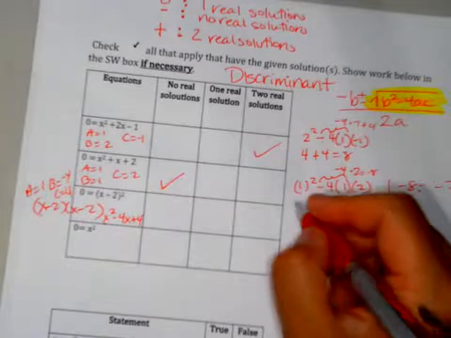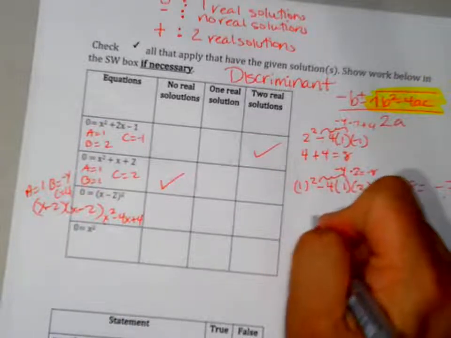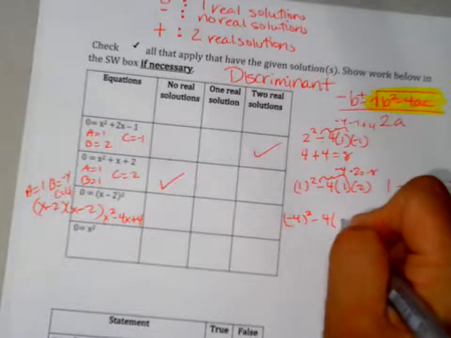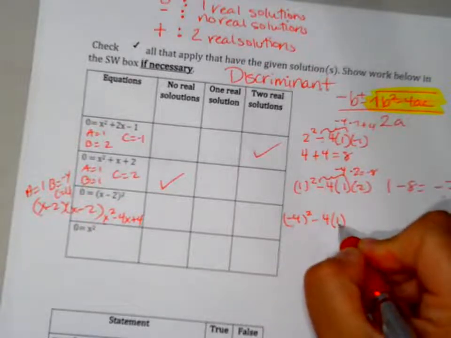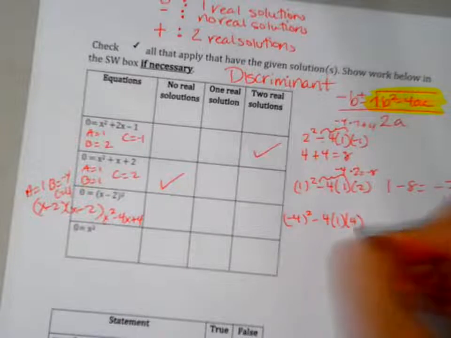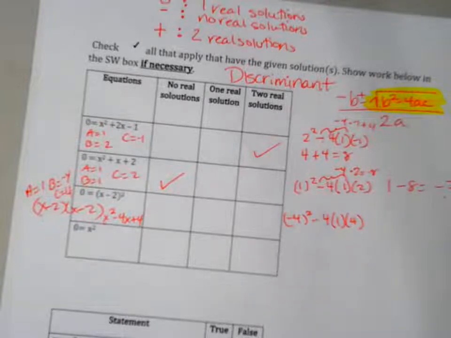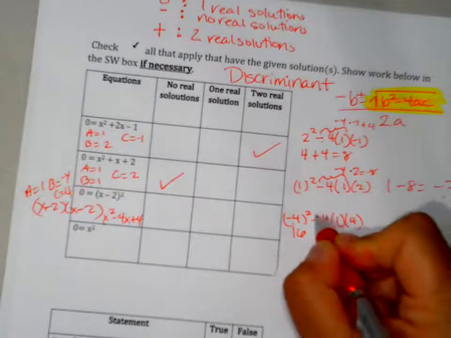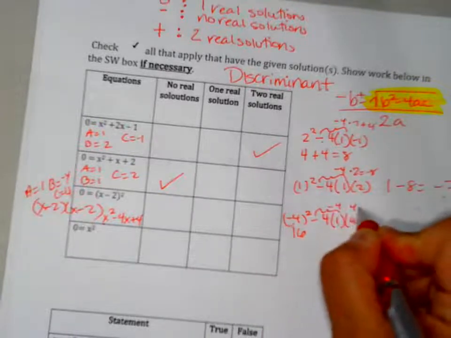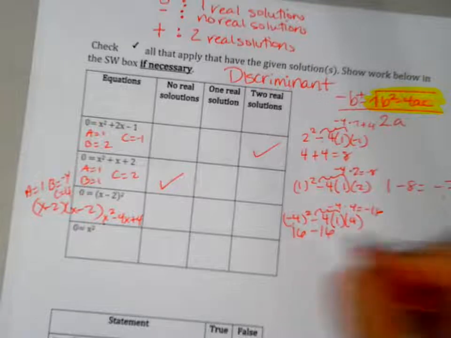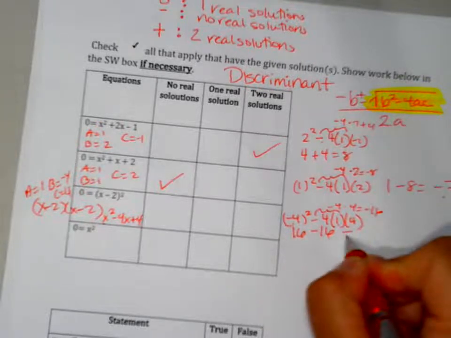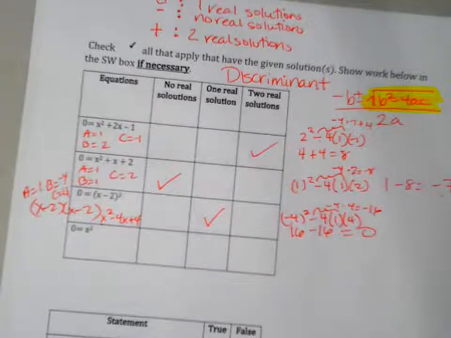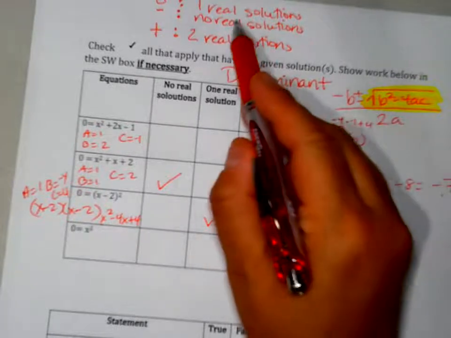So B squared, I've got -4 squared minus 4 times A, which is 1, times C, which is 4. I've got positive 16. This becomes -4 times 4, which is -16. You got 16 minus 16, which equals 0. That's one real solution.